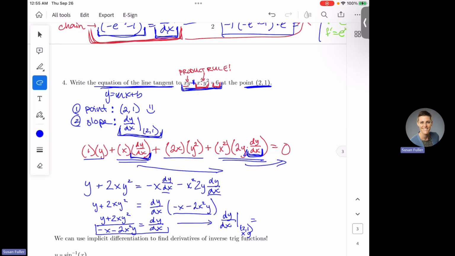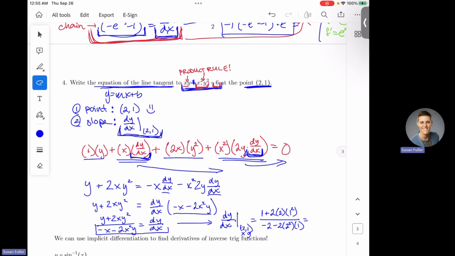So my derivative is y, which is 1, plus 2 times x, which is 2, times y, which is 1 squared, all divided by negative x, which is 2, minus 2 times x, which is 2 squared, times y, which is 1. And now you're going to sift through this.